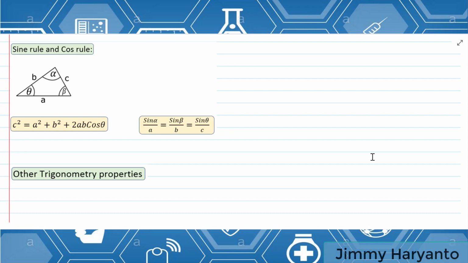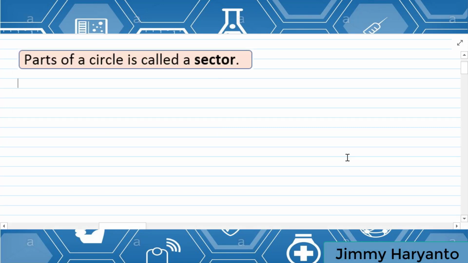This one is used to find the side opposite the angle, if the triangle is not a right triangle. How about the sine rule? The sine rule is sine alpha over a equals sine beta over b equals sine theta over c. And of course other trigonometry properties also apply in this chapter. Okay, let's begin our chapter.